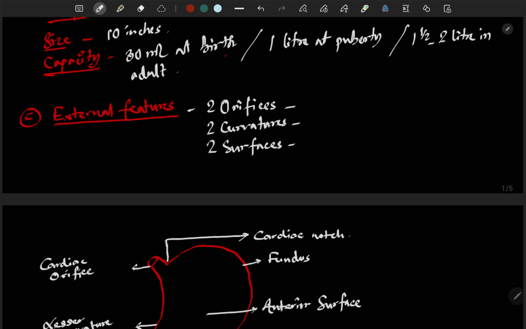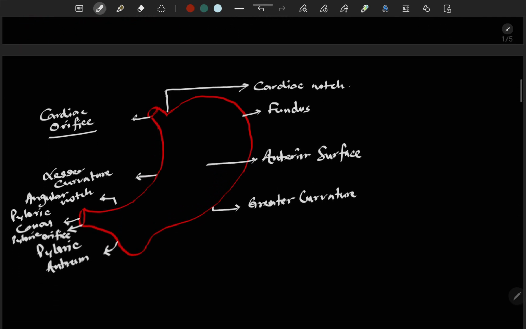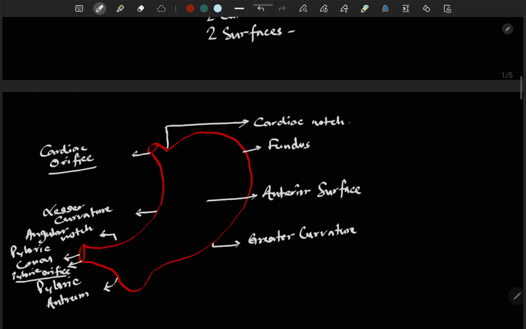Two orifices or openings. Number one is the cardiac orifice. This one is the cardiac orifice. Number two is the pyloric orifice. This one is the pyloric orifice.